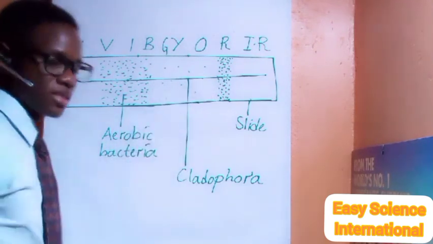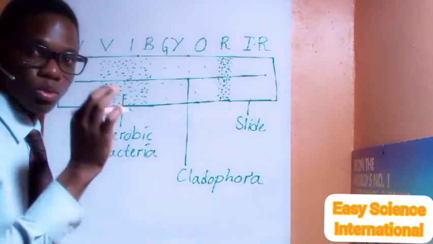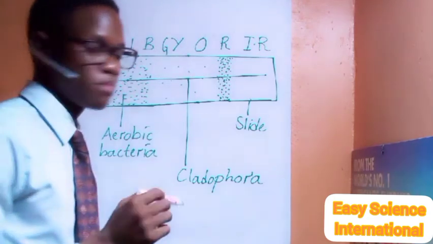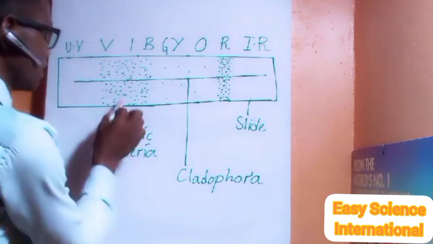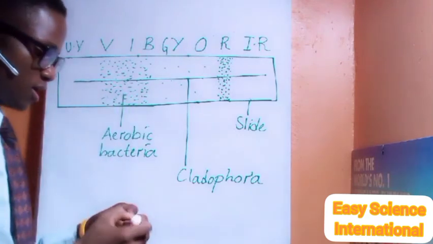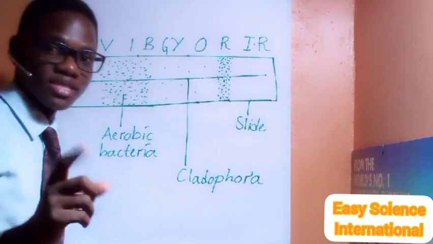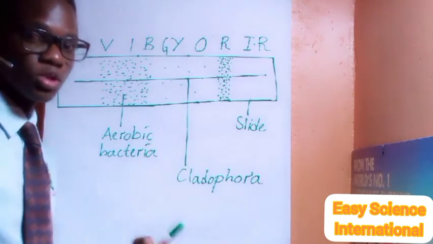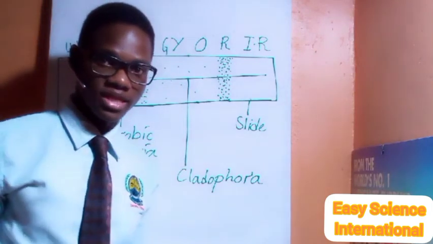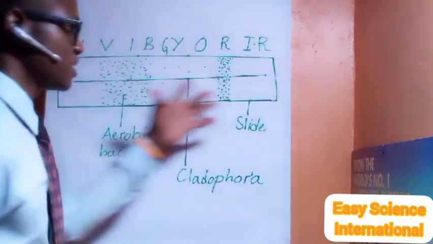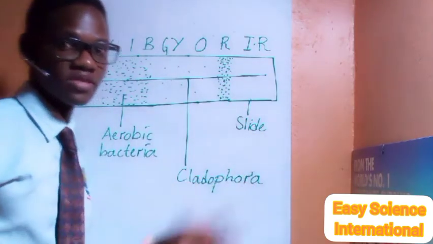You expose the thread to motile aerobic bacteria, which are these ones. Now, the first slide, you expose it to light of varying wavelength, and this is in summary what we've observed.